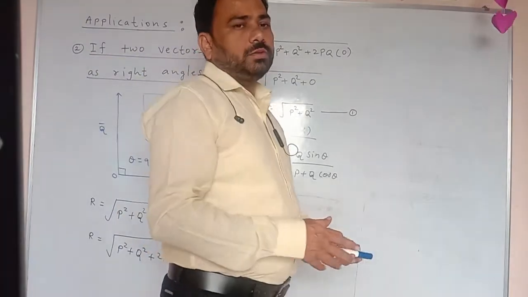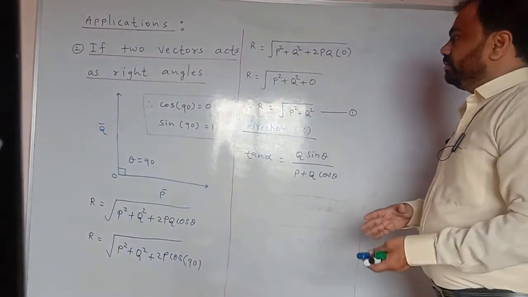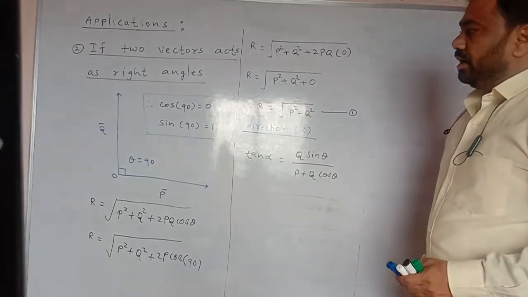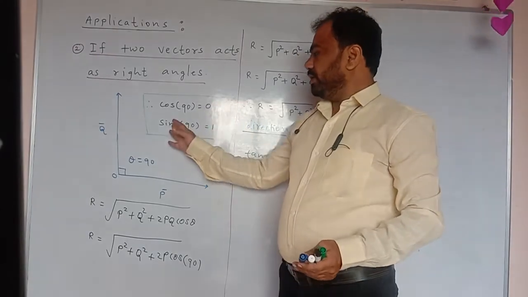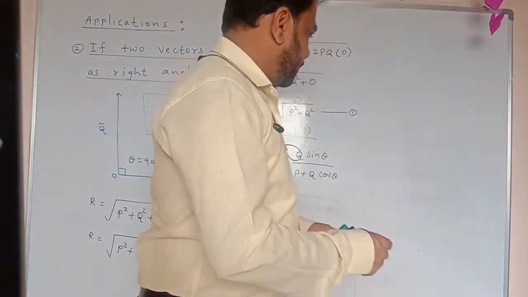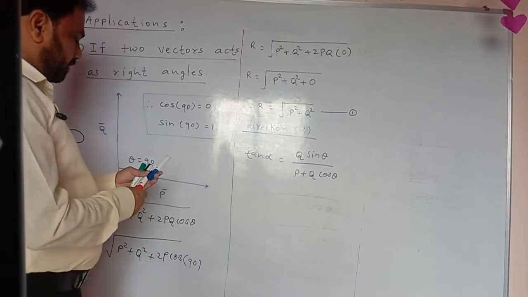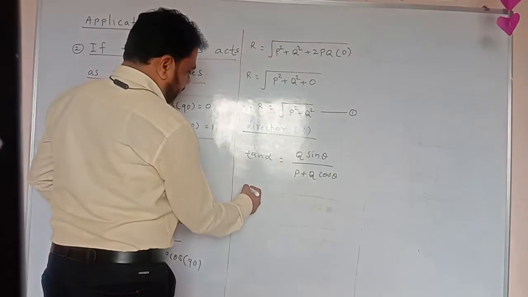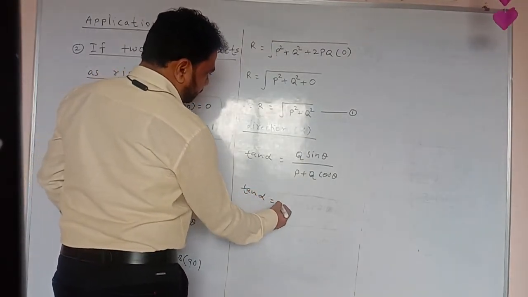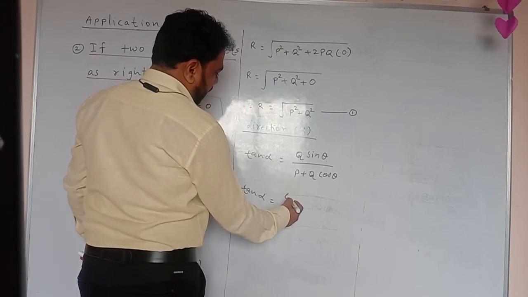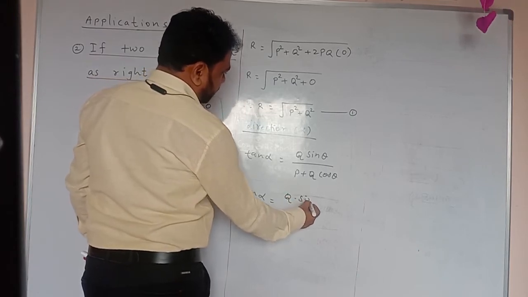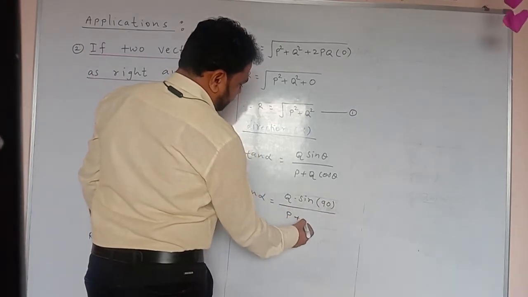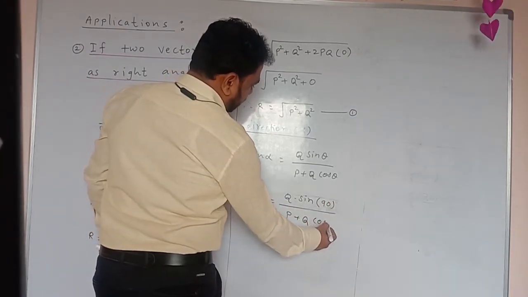Now what we have to do here? We just have to substitute the value of theta, because we are considering theta as 90, and we know very well cos 90 is equal to 0 and sin 90 is equal to 1. So this equation becomes tan alpha is equal to Q into sin 90 upon P plus Q cos 90.